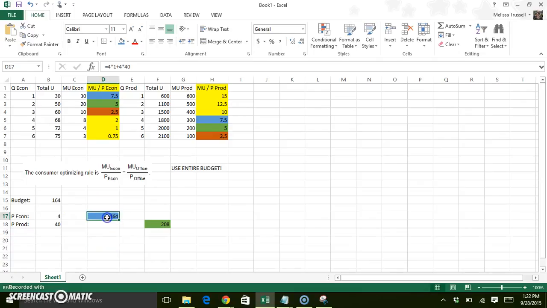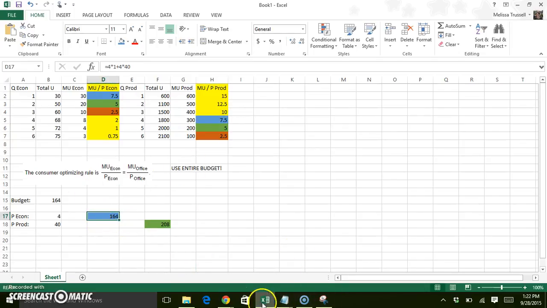So what we found is that we need to go with the blue boxes in order to maximize our consumption and our utility at the same time for this person. So we need to purchase 1 of our econ subscriptions, and we need to purchase 4 of our productivity apps so that our mu over p's are equal at 7.5, and so that we use our whole budget of 164.